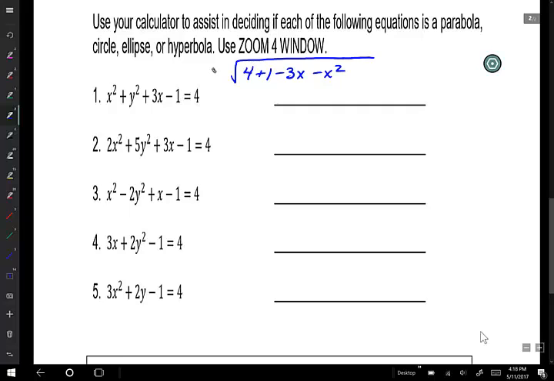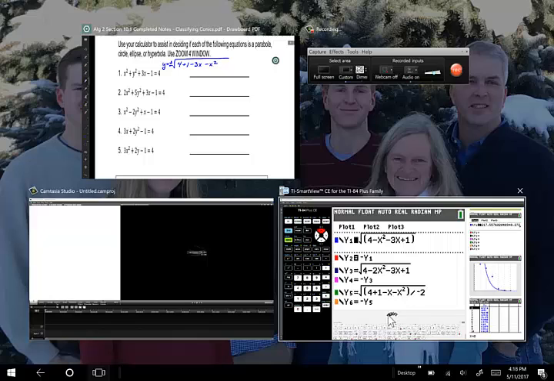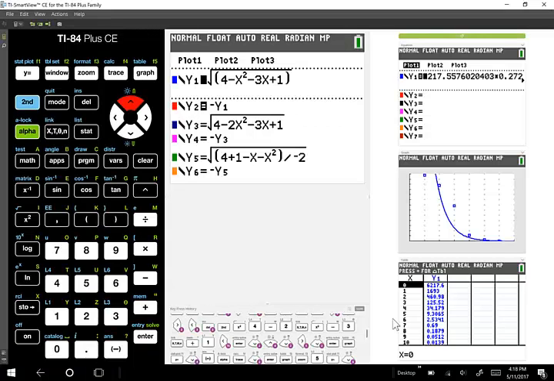And then I have to take the square root of that, so I need to consider plus or minus the values of that. So what I like to do is bring up my calculator, and I've graphed and plotted in these points here for our first equation, and we have 4 minus x squared minus 3x plus 1 as our problem.